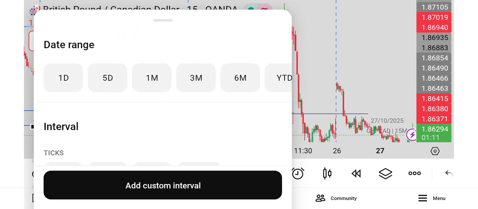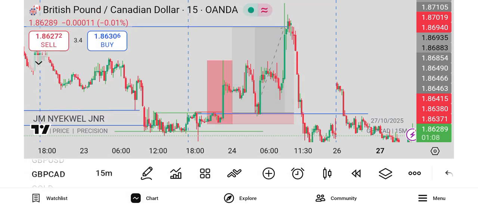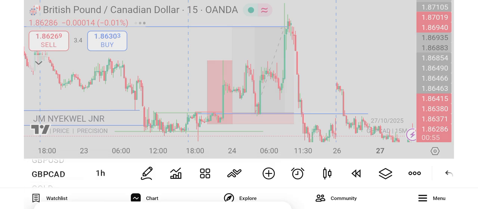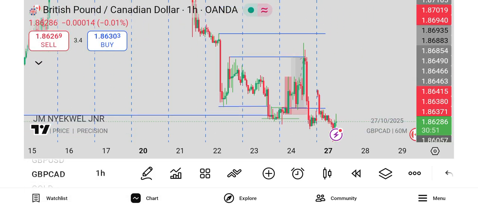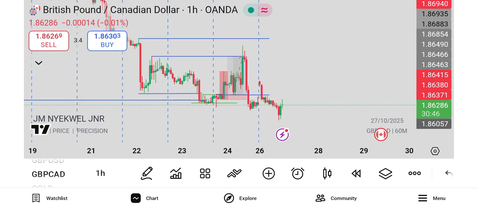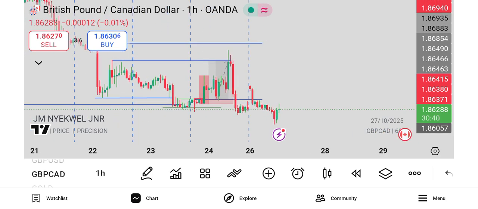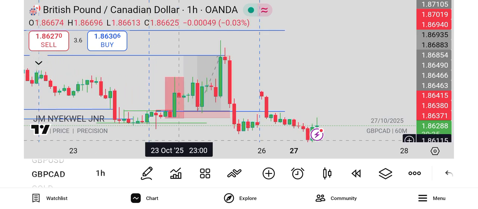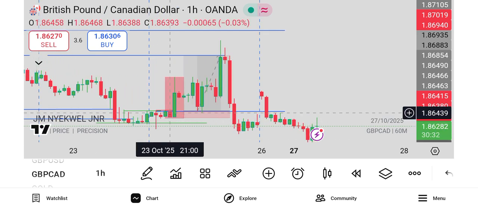Then after dropping to the line chart on 15 minute and you found your double break of structure, move to your 1 hour for entries. 1 hour for entries. And for 1 hour, you look for an order block, which it gave us down here, this red candle.